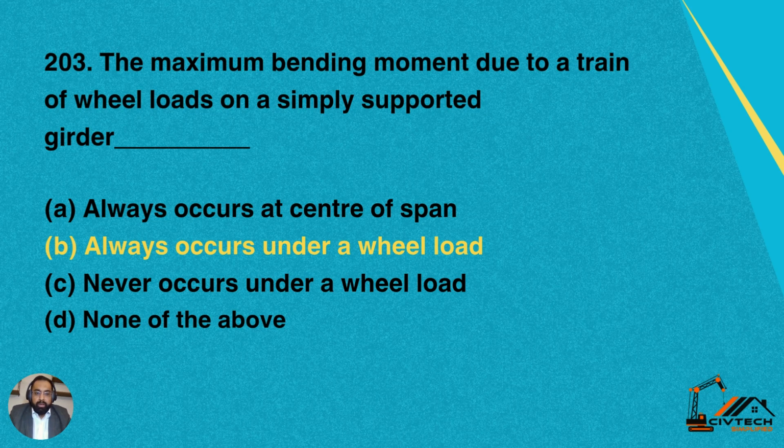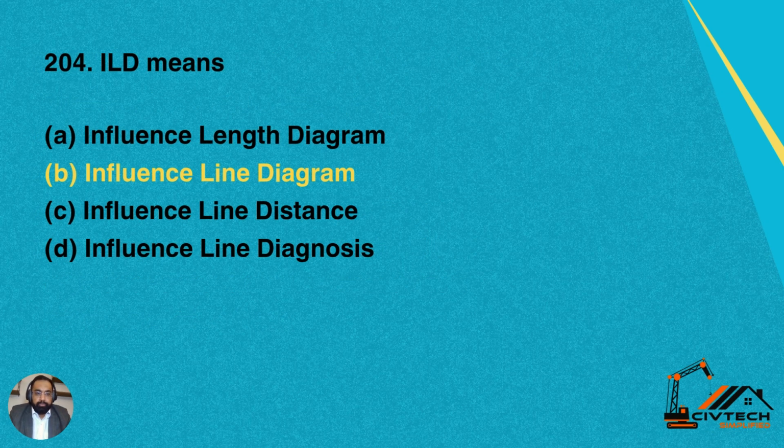Option C, never occurs under a V load. Option D, none of the above. The maximum bending moment due to a train of V loads on a simply supported girder always occurs under a V load. So B is the correct answer for this question.